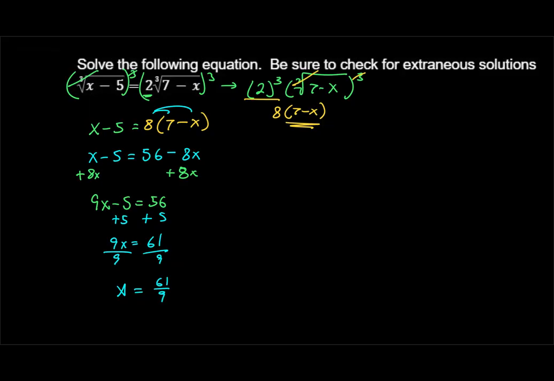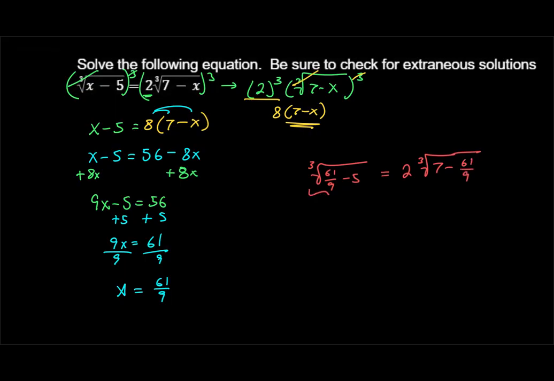And because this is a little bit ugly with the fraction and the radical, I'm just going to use a calculator to help check it, but I will plug it back in. So the cube root of 61 over 9 minus 5, is that going to be the same thing as twice the cube root of 7 minus x, which is 61 over 9?